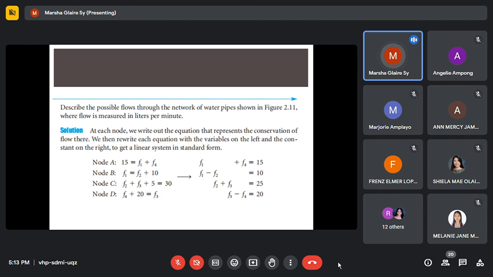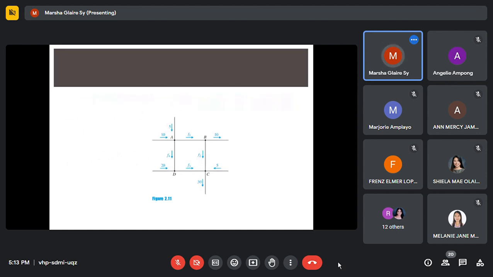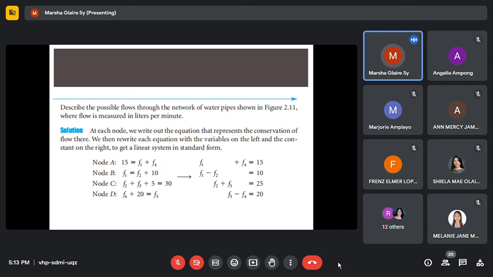So we have here node A, 15, which is F1 plus F4. And node B, F1 is equal to F2 plus 10. Node C, F2 plus F3 plus 5 is equal to 30.